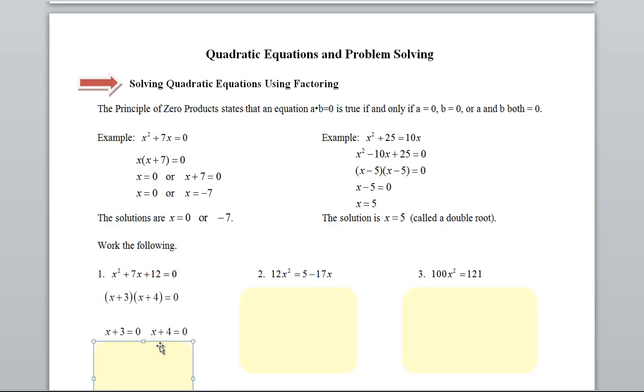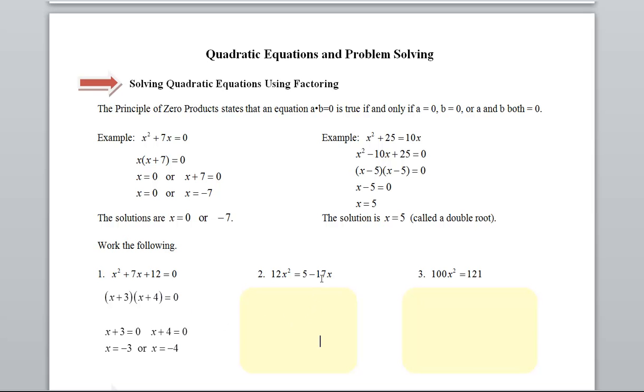Well, there it is. So I would end up with x equals negative 3 or x equals negative 4. And again, if you can check these, store these values, type in your equation, and you'll end up with 0 equals 0. So you do have a nice way to solve these equations and check them.